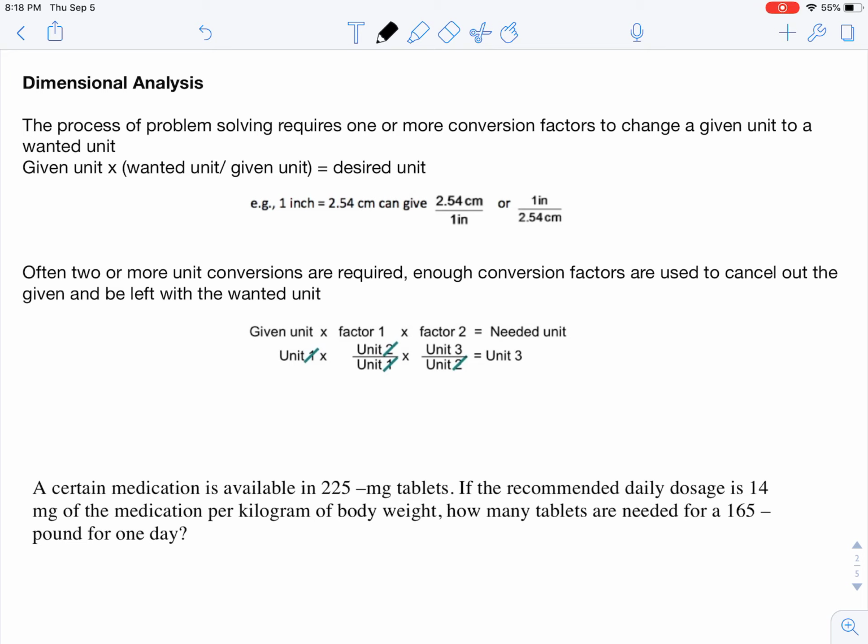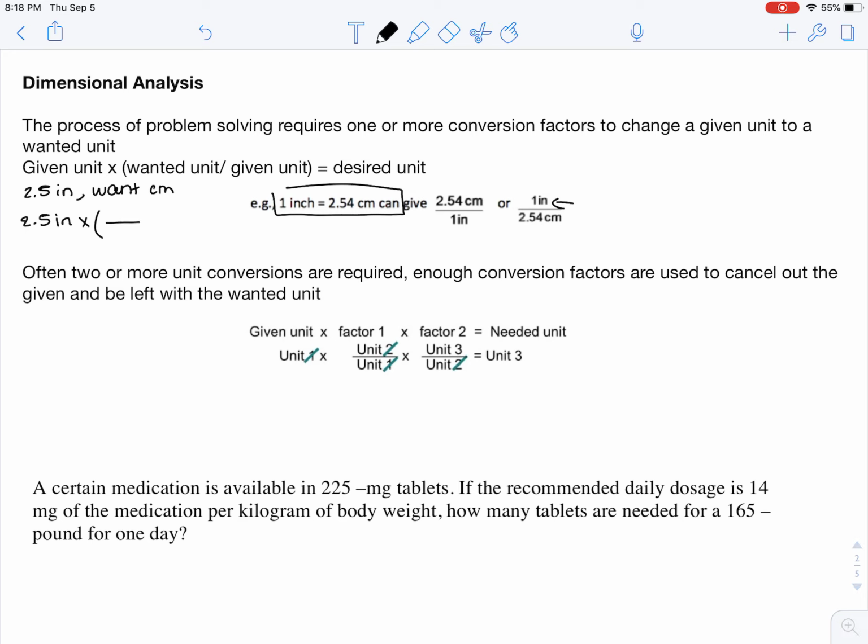So for example, what if we said, I have 2.5 inches and I want to know how many centimeters? So you find your conversion factor, and you start with your 2.5 inches. It's not going to make sense to put inches on the top, because then I'm going to get inches times inches.